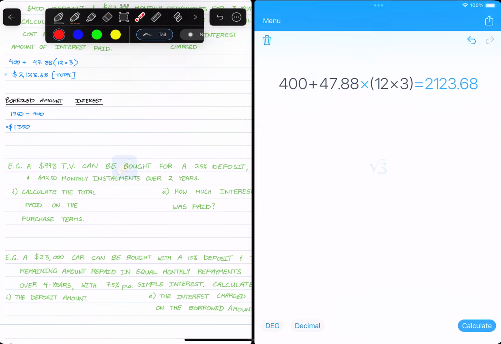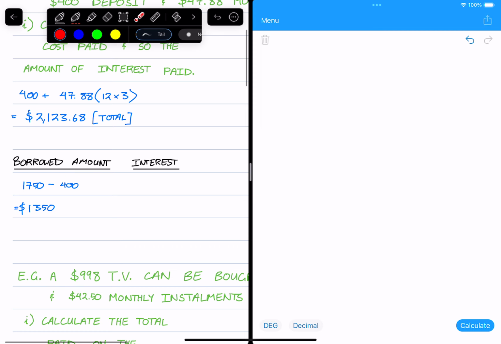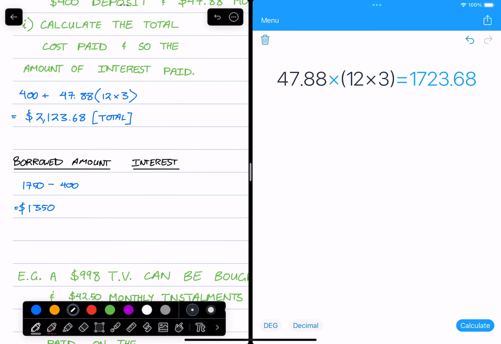So the extra that we've paid can be found through $47.88 times 36, or 12 times 3. So we've actually borrowed a little bit more than we presume. It's 1723.68.